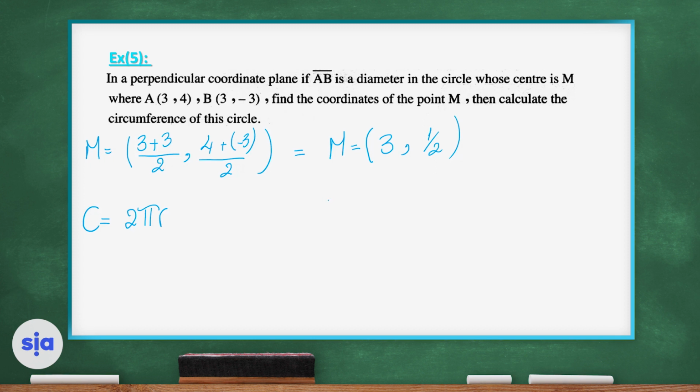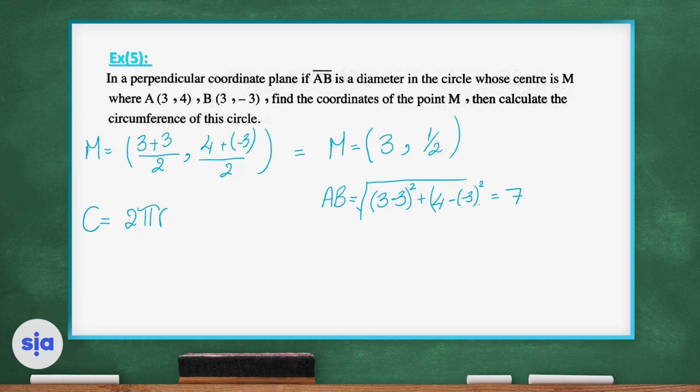So here we'll get the length of AB, which is the length of the diameter, by using the distance formula. The square root of (3 minus 3) all squared plus (4 minus -3) all squared, so it is 7.